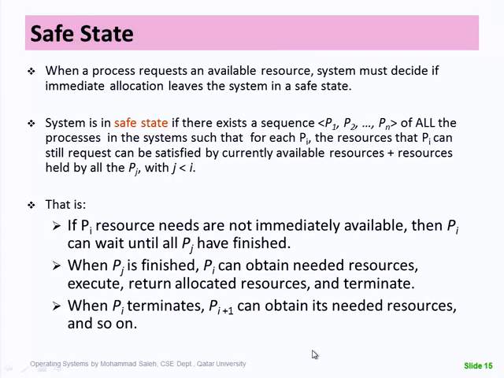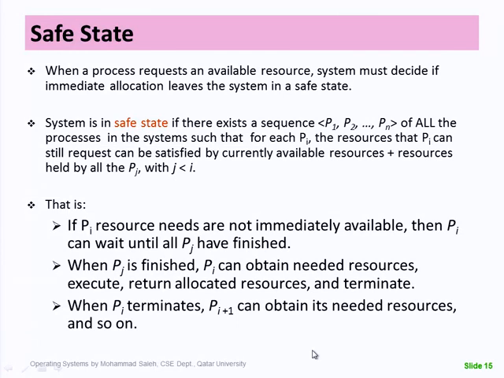Which means if you are given a number of processes and a certain set of resources that are currently available, and you manage to execute them all, meaning give each process what it needs to finish in terms of resources, then you manage to find what we call an execution sequence.